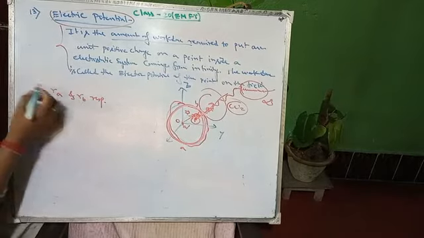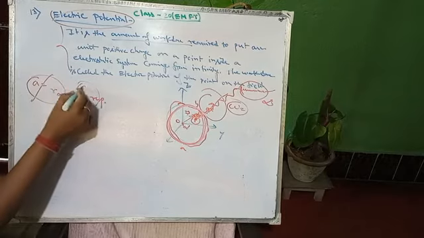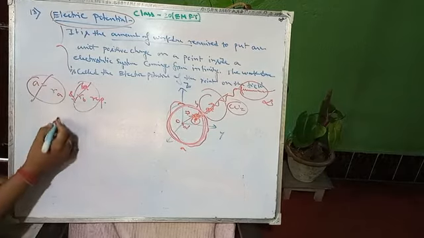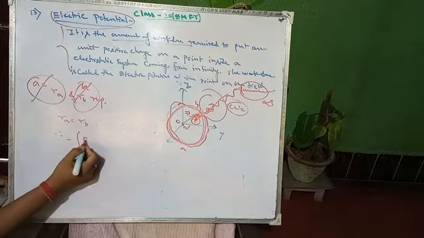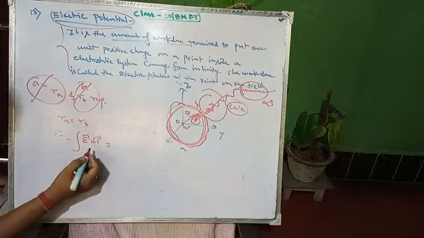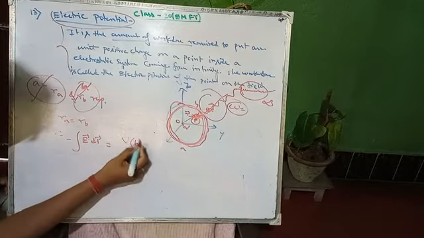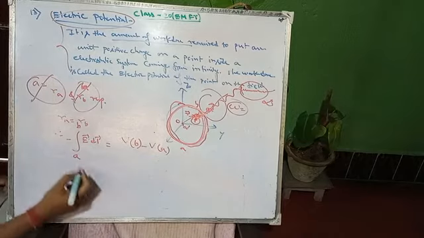So minus of E dot dl is the work done required. E dot dl equals to V of B minus V of A, can we write? So from A to B movement.